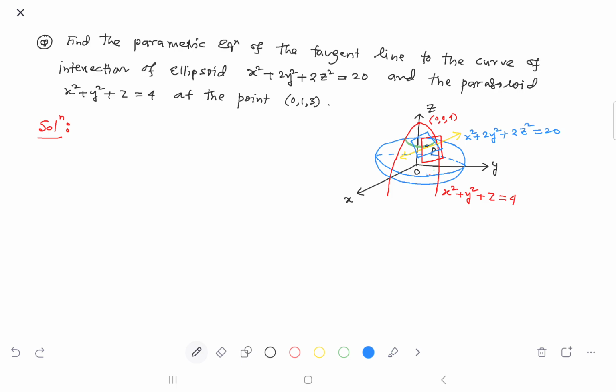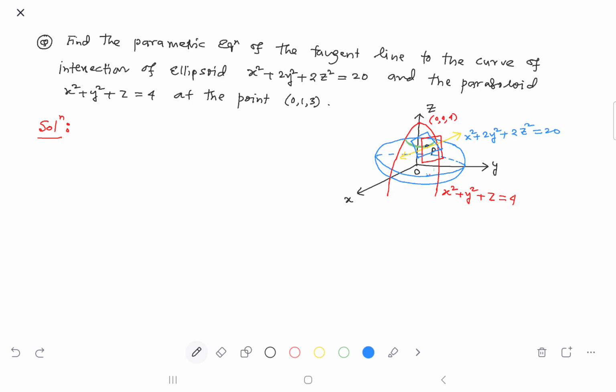Right. Now we can immediately calculate the normal vector of both tangent planes, right?